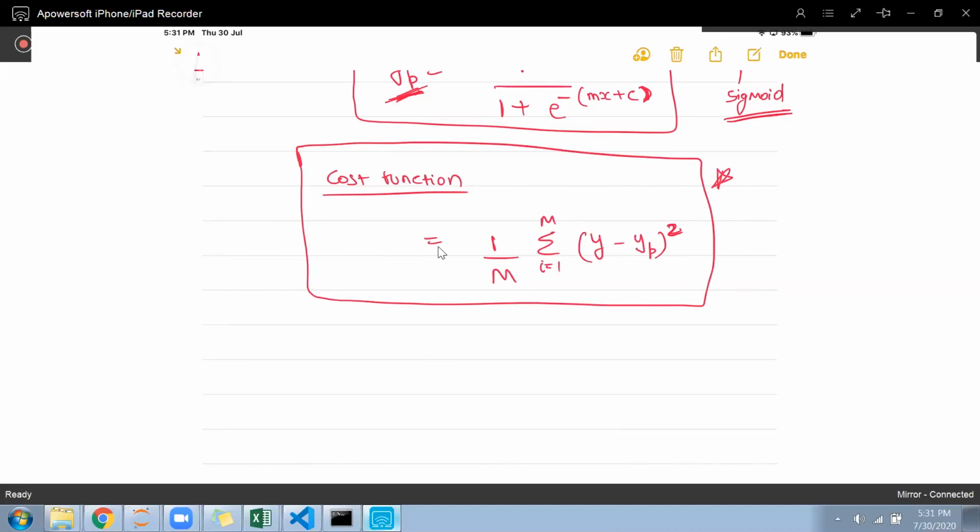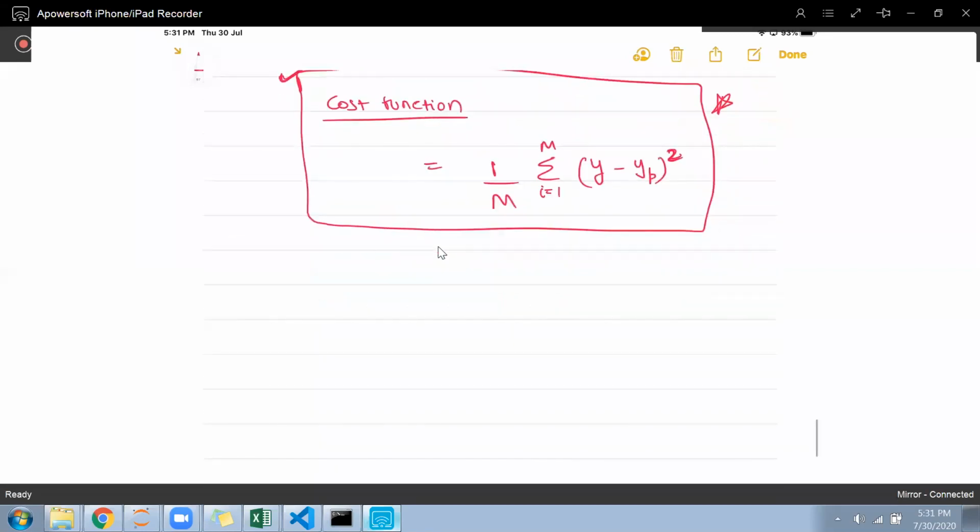So do you think that the curve for this cost function will be like this? Here I will have my weights, here I will have my error.